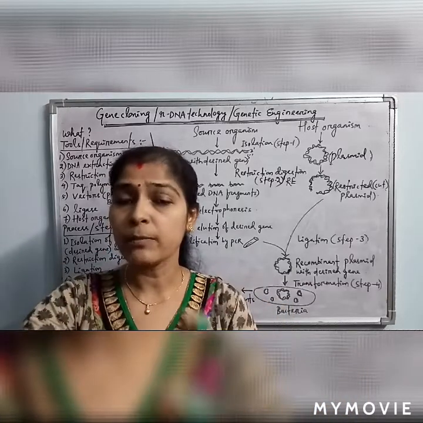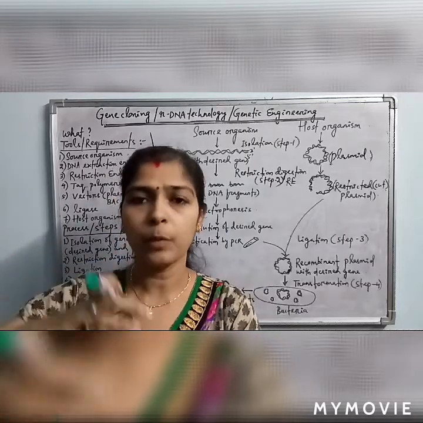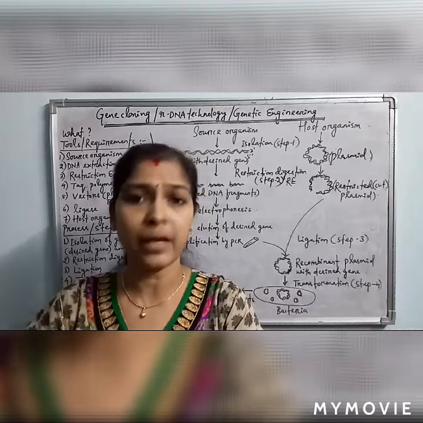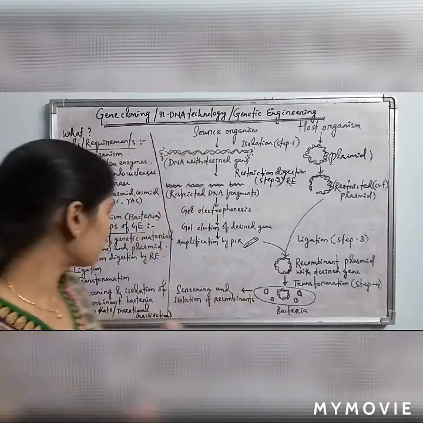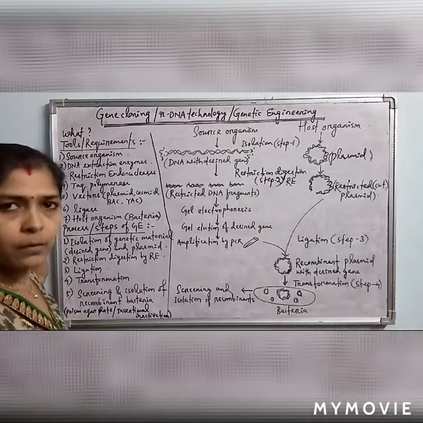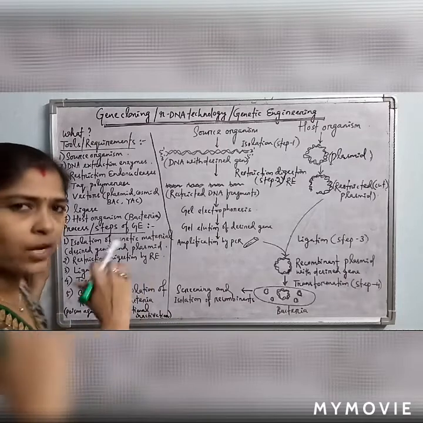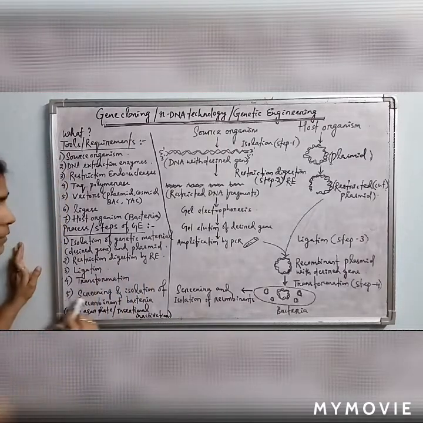The recombinant plasmid along with the desired gene can then multiply inside the bacteria. That is our need. Transformation is the process of intake of the recombinant plasmid, the plasmid with the desired gene, into the bacterial cell. Then the fifth step is screening and isolation.